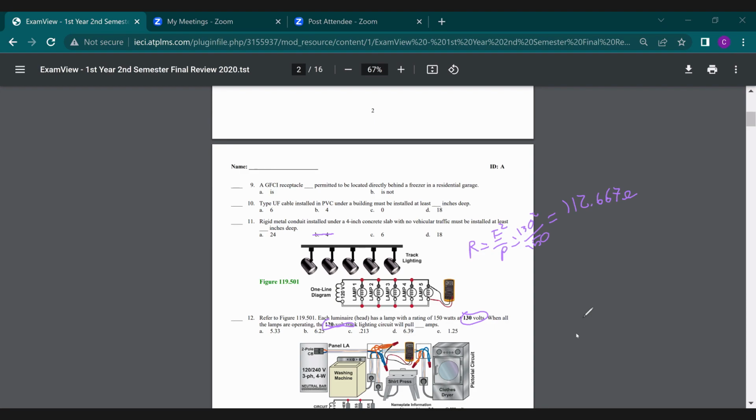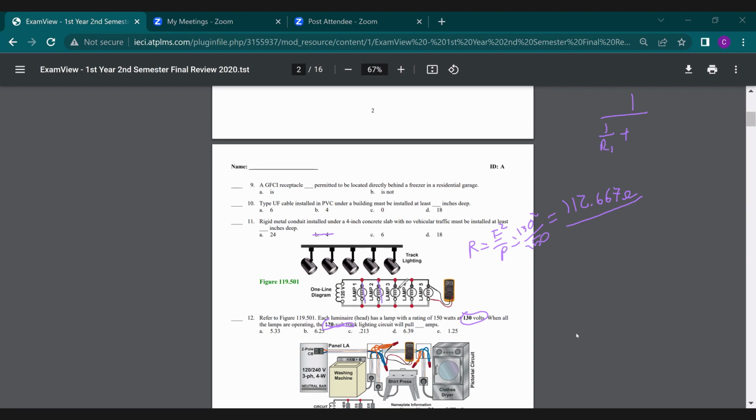Now we need to find our resistance total. We have 5 lamps here. There's 2 ways of going about this. You can use your calculator and go 1 over the resistance and then do the whole calculator method. Or we can take a step back and see that all heads are equally rated. If all elements are equally rated and in parallel, you can divide the resistance of one head or one element by how many elements we have.